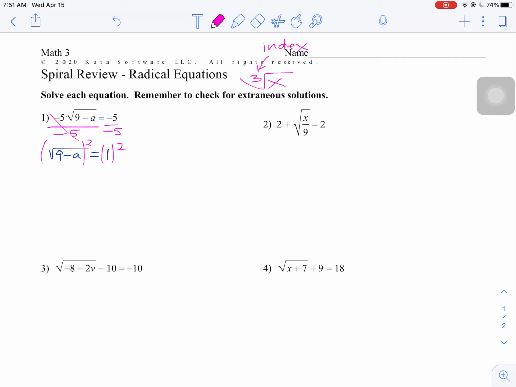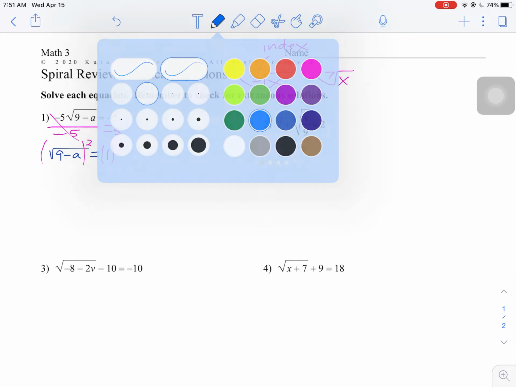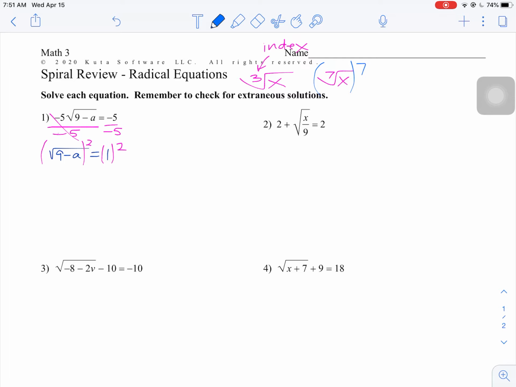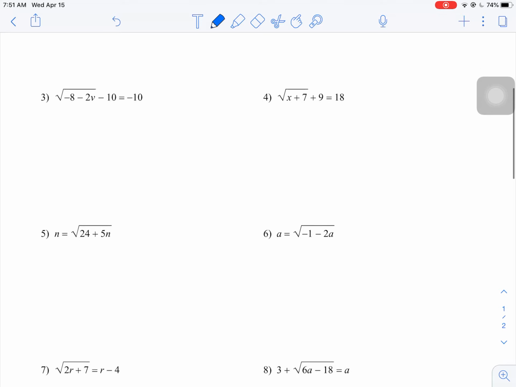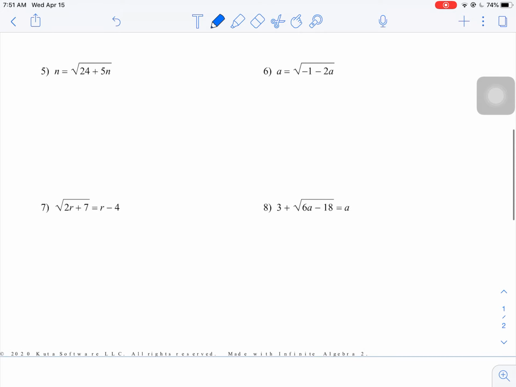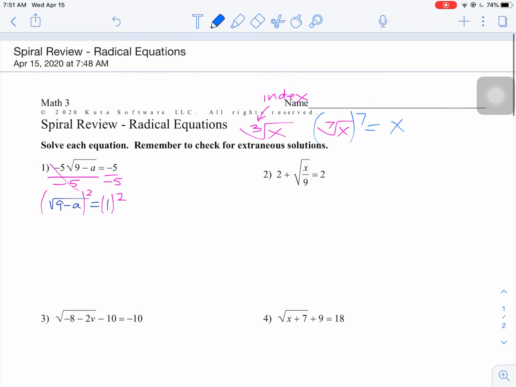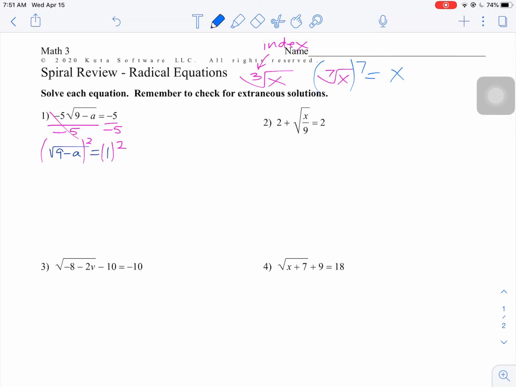If you have a 7th root, you raise it up to the 7th power to cancel it out. I'm pretty sure all the ones on here are square roots, so we're just going to square everything. But if you did have different indices, like the 3 or the 7, you would raise it up to that power to cancel out that index.